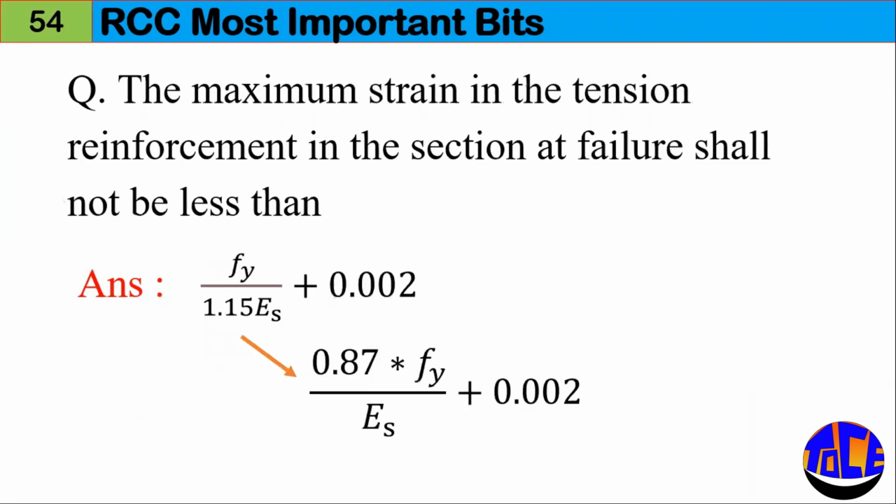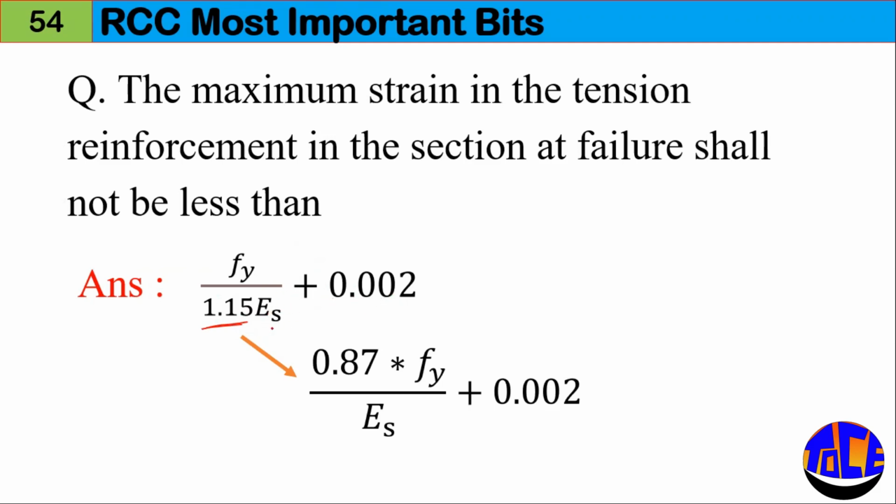Question number 54. The maximum strain in the tension reinforcement in the section at failure shall not be less than Fy divided by 1.15 ES plus 0.002. Fy divided by 1.15 is with the partial safety factor for steel, into ES, plus 0.002.